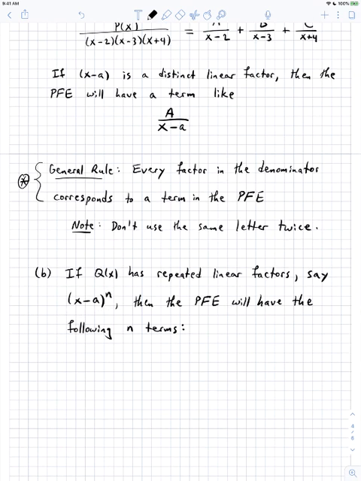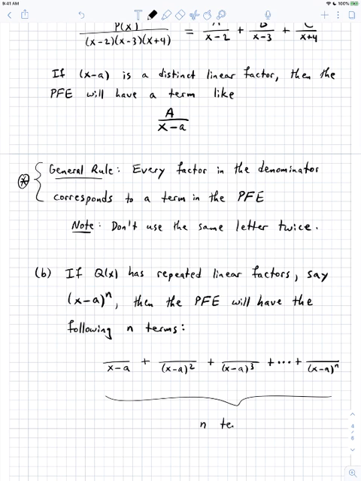The first one is going to be over x minus a. And then the second one is going to be over x minus a squared. And then the third one is going to be over x minus a cubed, and so on. And you keep doing this until you get to the nth one, x minus a to the n. So there are n terms here.